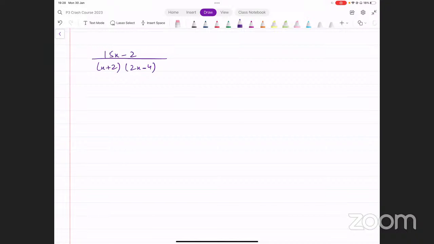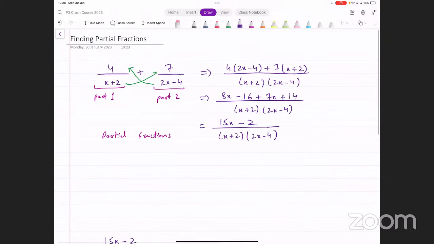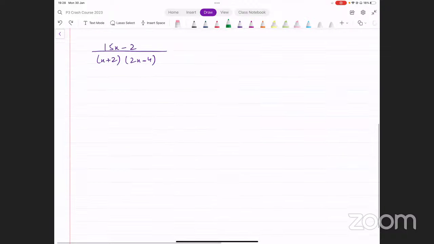Now, it's really easy to figure out the denominators first, right? So remember what we did here? We just multiplied the denominators to get this LCM. So you've got the two factors in the denominator already. If you were to split this fraction, you would know that the first fraction should have the denominator x plus 2, and the second one should have 2x minus 4.